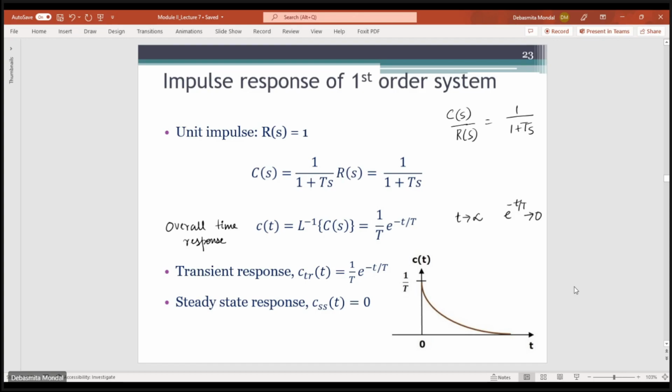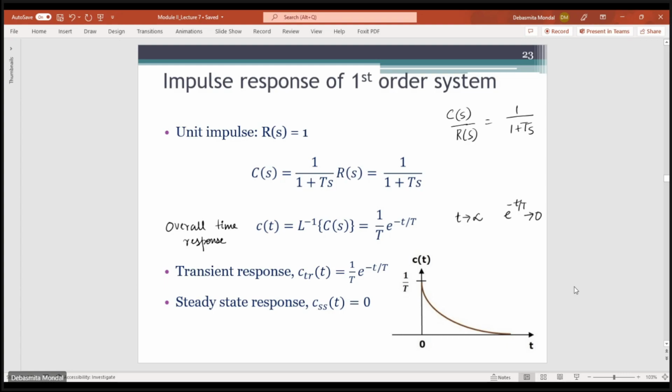If you remember, then it's very good. But in case you have forgotten about the Laplace transforms and the inverse Laplace transform, it will be good if you can revise that, because in this time domain analysis, we'll be dealing a lot with the Laplace and inverse Laplace transform of a signal.